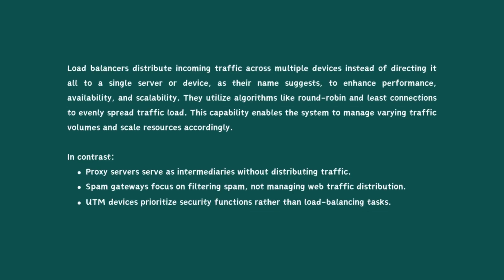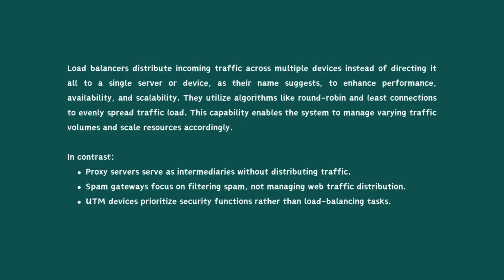Load balancers distribute incoming traffic across multiple devices instead of directing it all to a single server or device, as their name suggests, to enhance performance, availability, and scalability. They utilize algorithms like round-robin and least connections to evenly spread traffic load.